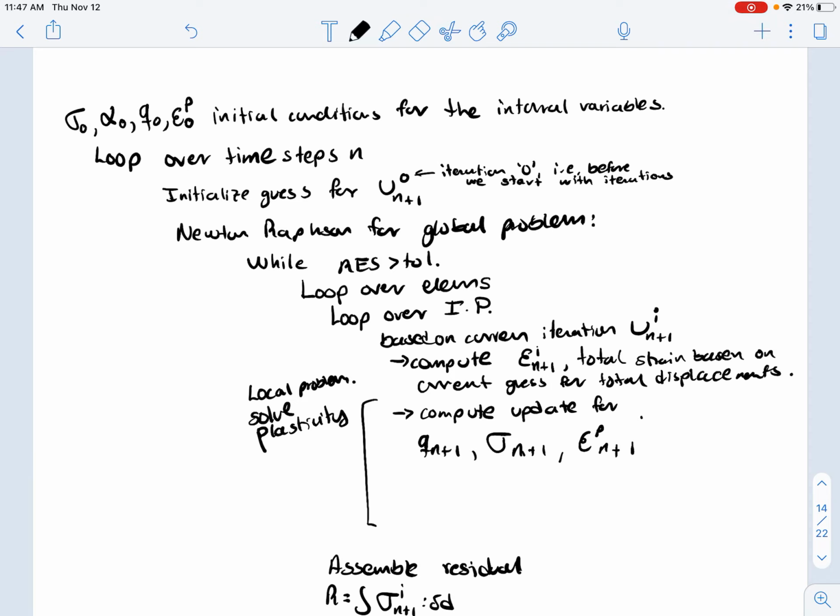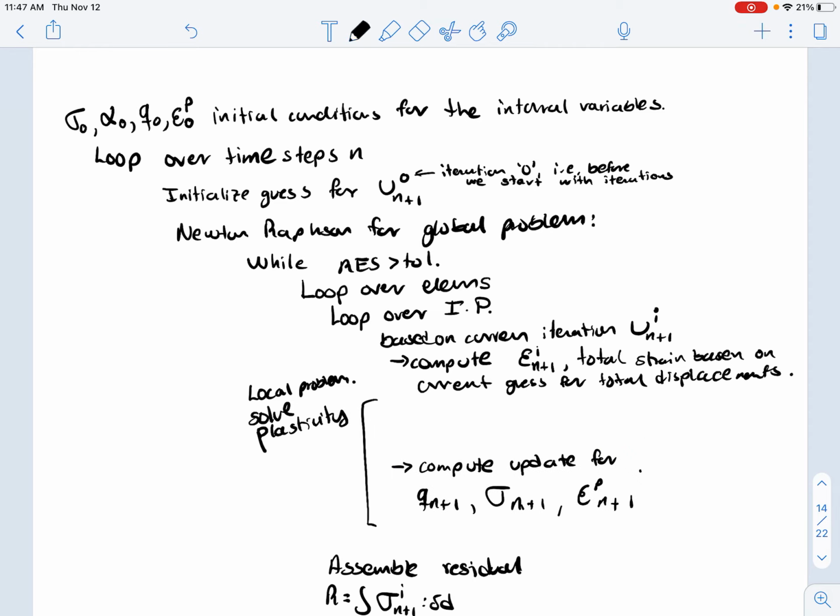right? Based on the current value of the total strains and the previous value of the, here you also need, I should also say that this typically also depends on current iteration and also based also on the previous values, on previous time step values for the plastic strain and the stress and the back stress at n.